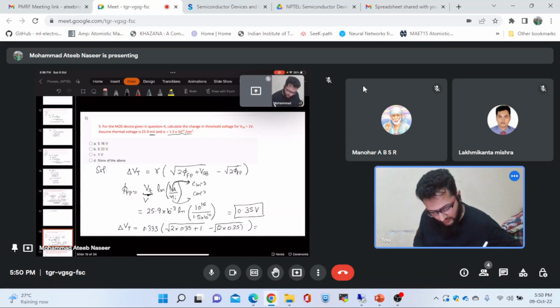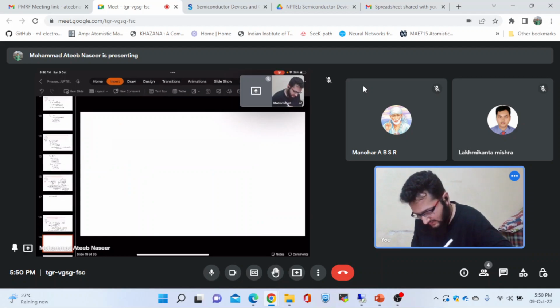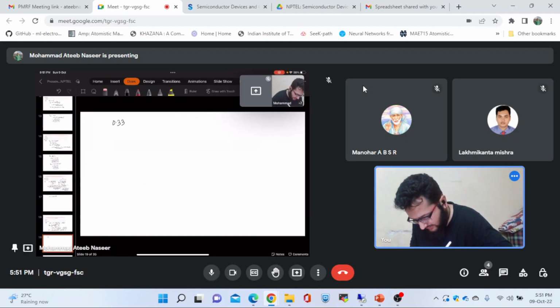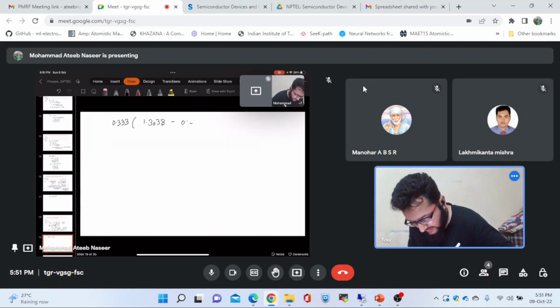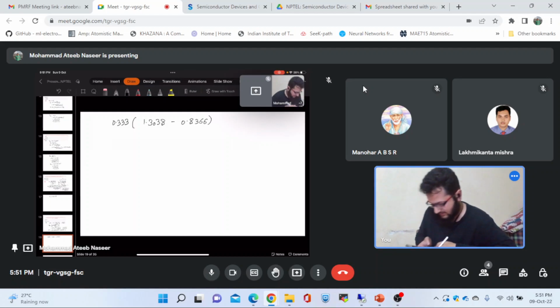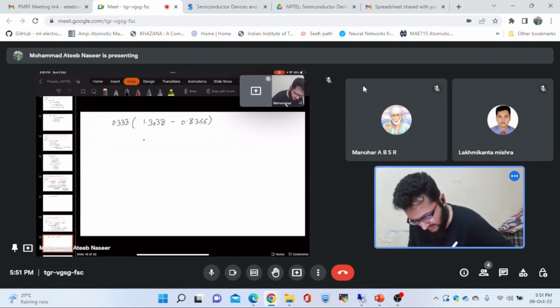It will simply be equal to 0.333 times 1.3038, minus root of 0.7, which is 0.8366, minus 1.3038 into 0.333. It is 0.155, it is 0.1555.